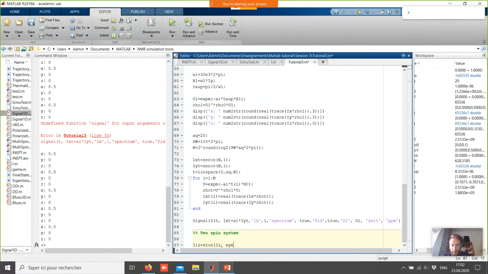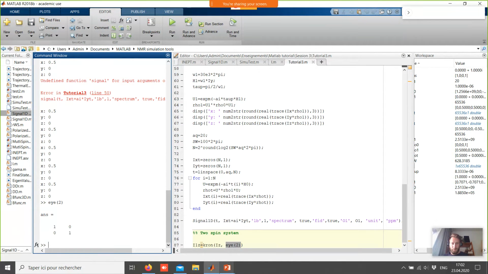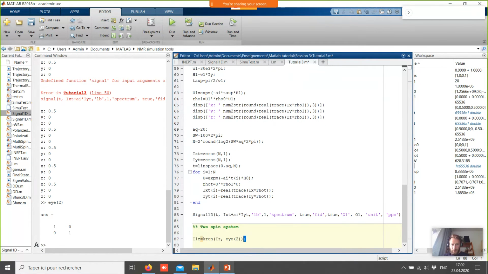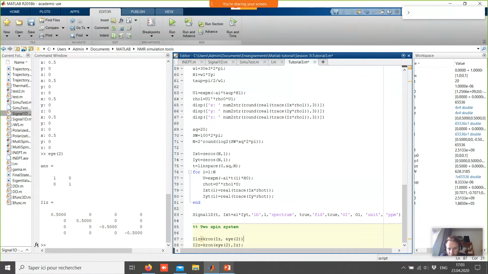And you might remember that this I, if I write it here, is the identity matrix. So this will be for spin 1, and for spin 2 it will be the opposite. So if I run this and I uncomment it, you see this is what we saw in the PowerPoint with the signs plus plus minus minus, plus minus plus minus.